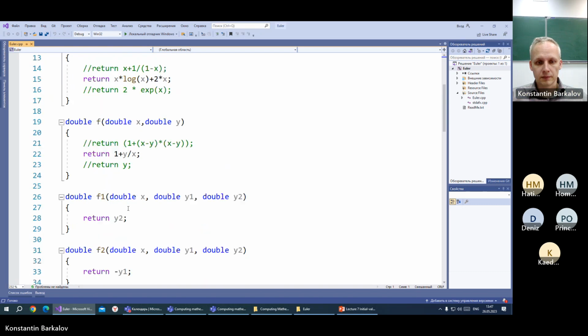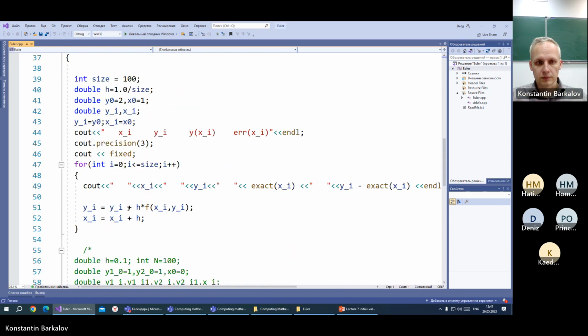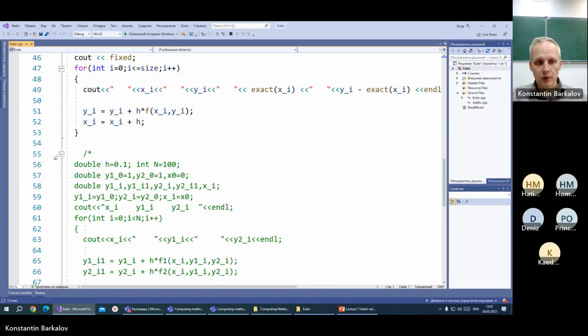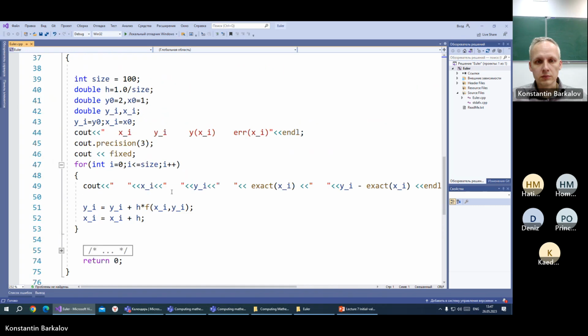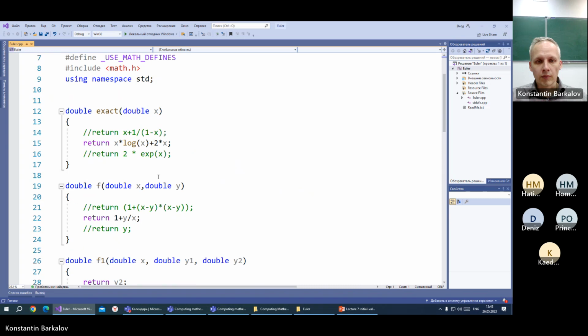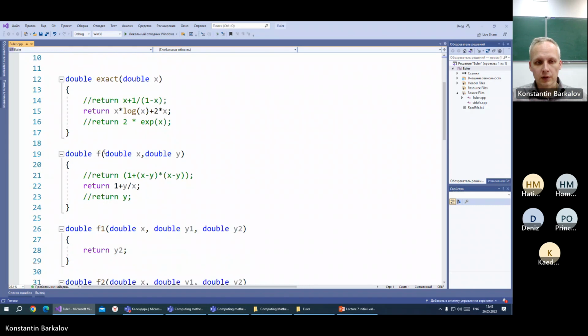Well, this program contains several functions.